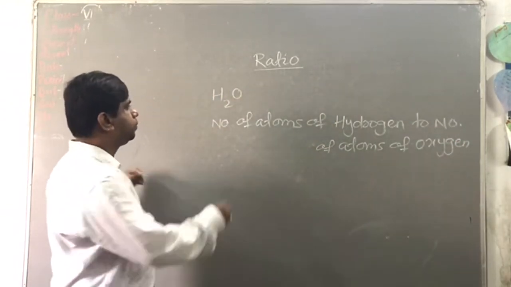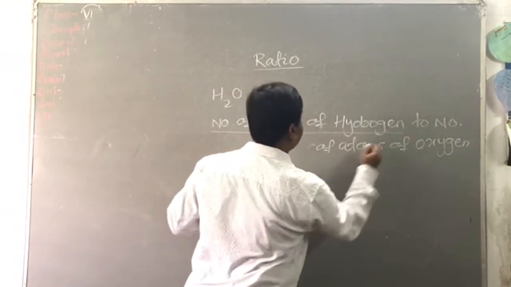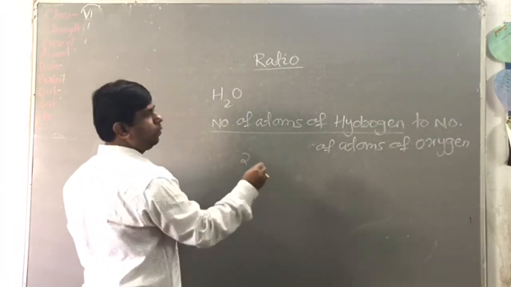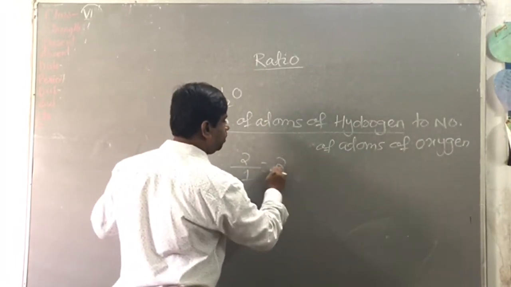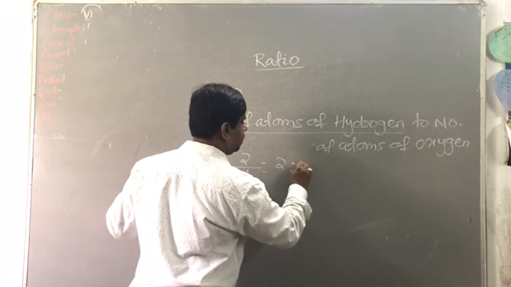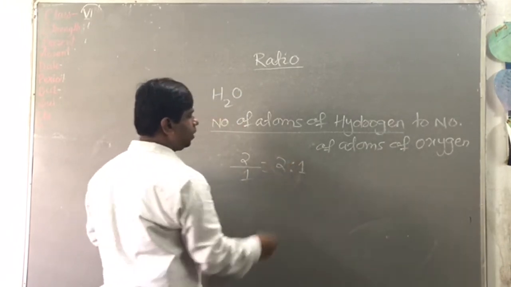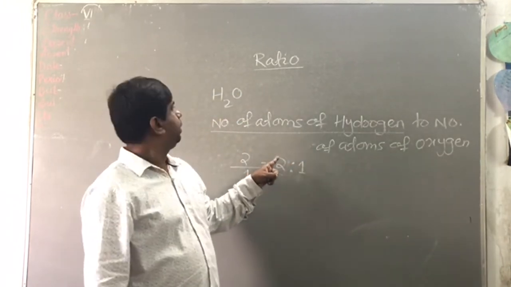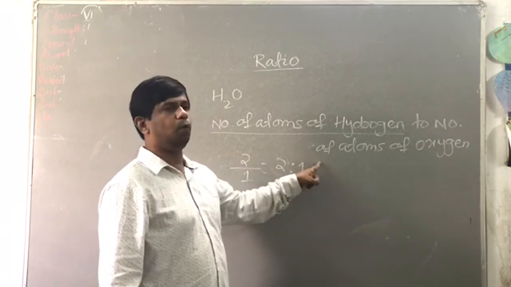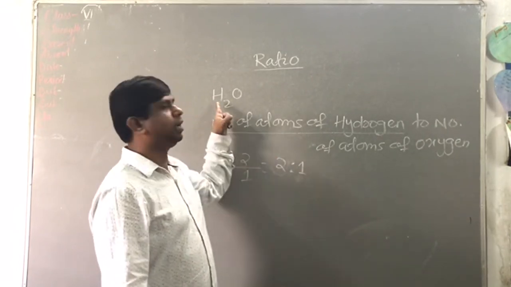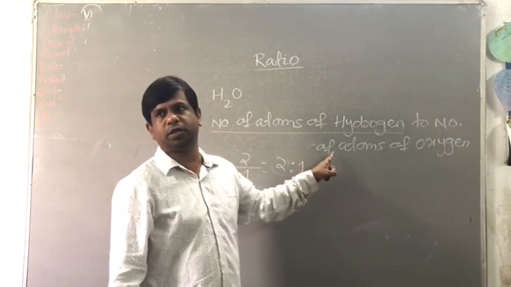H2O. So number of atoms of hydrogen, what is that? 2. Very good. What is the number of atoms of oxygen? 1. So 2 is to 1. That means the number of atoms in water is in the ratio 2 is to 1. If hydrogen atoms are 2, then oxygen atoms are 1.